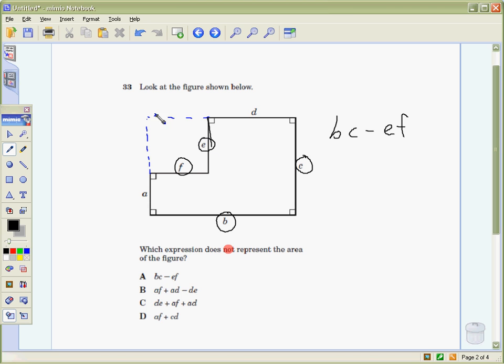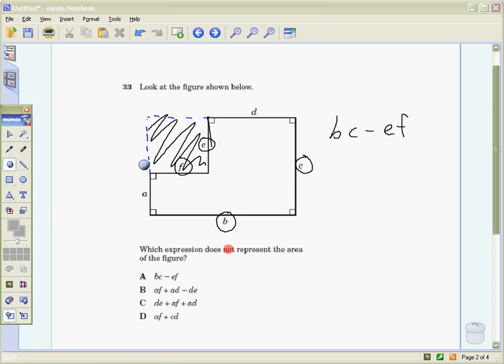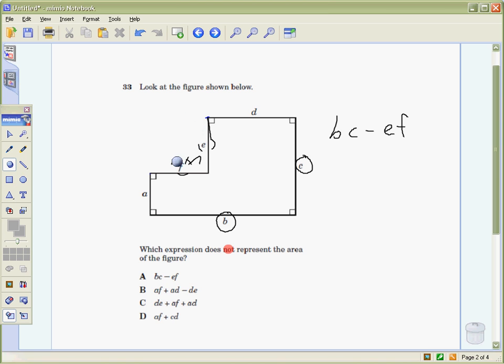And if it's a rectangle or square, whatever it is, E times F does give me that area, and I'm subtracting that area out. So since I'm getting rid of this area here, that gives me the area of the figure I have. So that tells me that A is not the answer because A gives me the area.